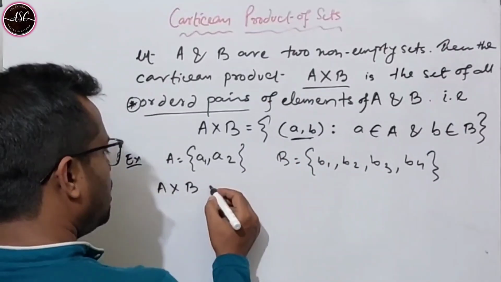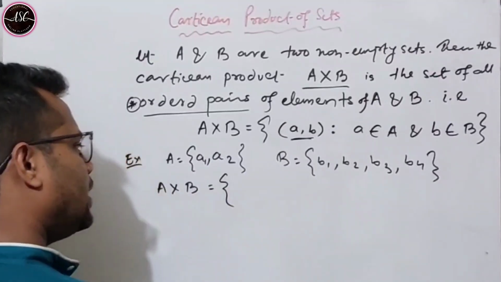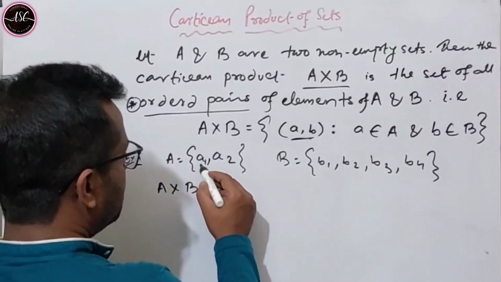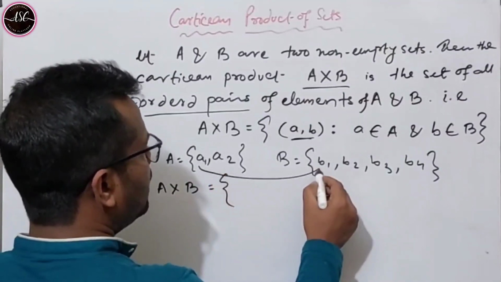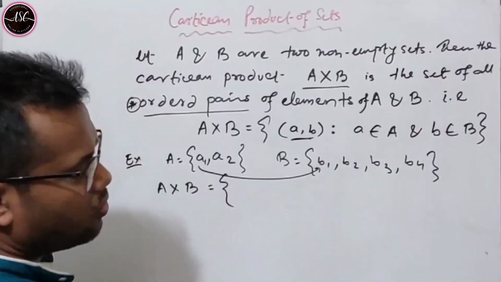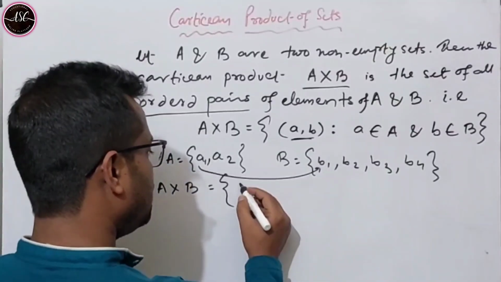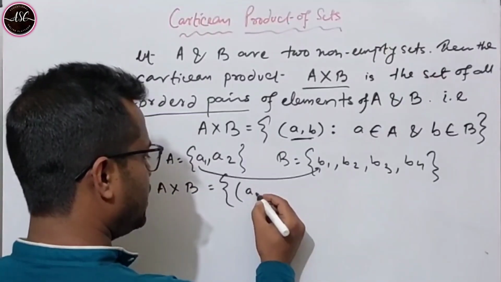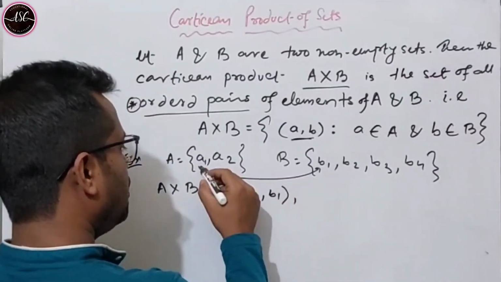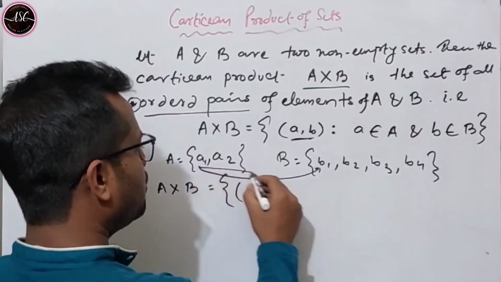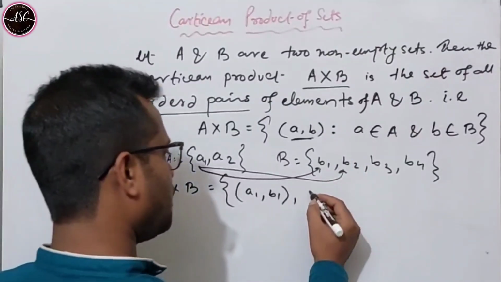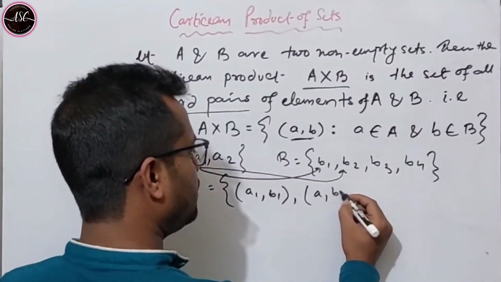How can we write it? We write as ordered pairs: the first element with the first element, within brackets (a1, b1). Then with the first element we write the second element, so (a1, b2).